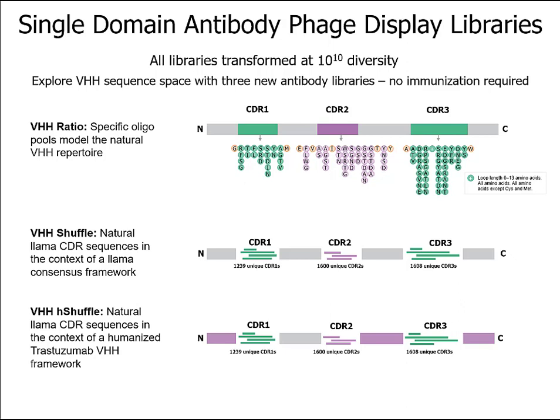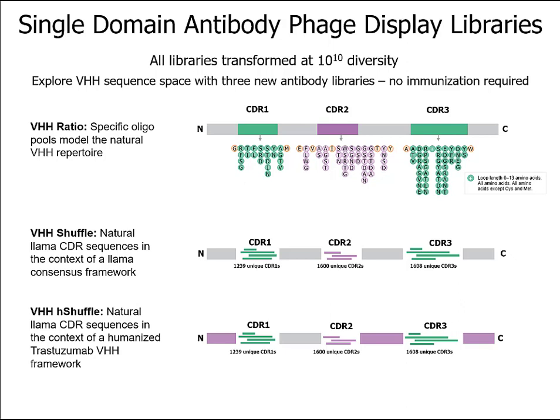So for the VHH ratio library, we created pools of oligos that mimic the diversity seen in CDRs 1, 2, and 3 of those sequences. And then we grafted them into a llama-based framework to give us our first VHH single domain library.